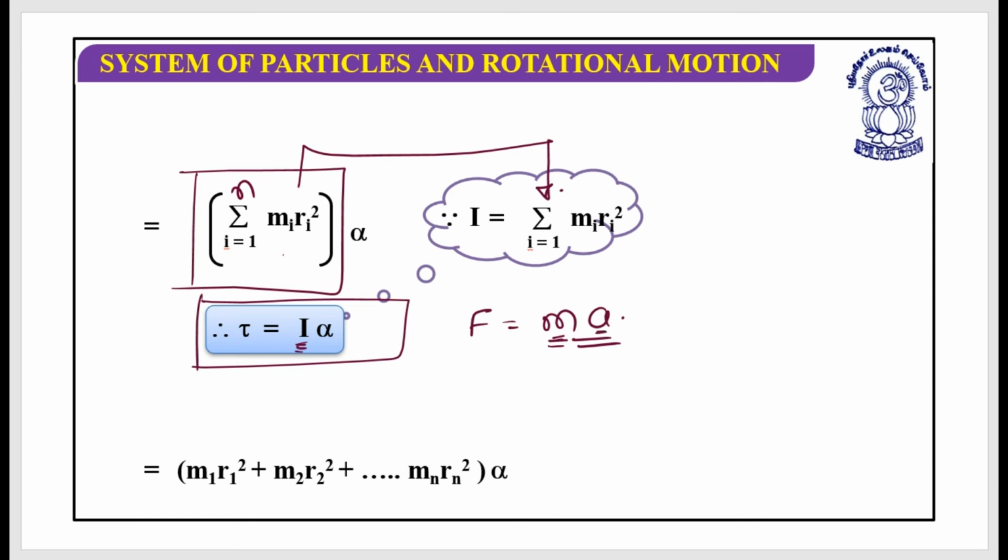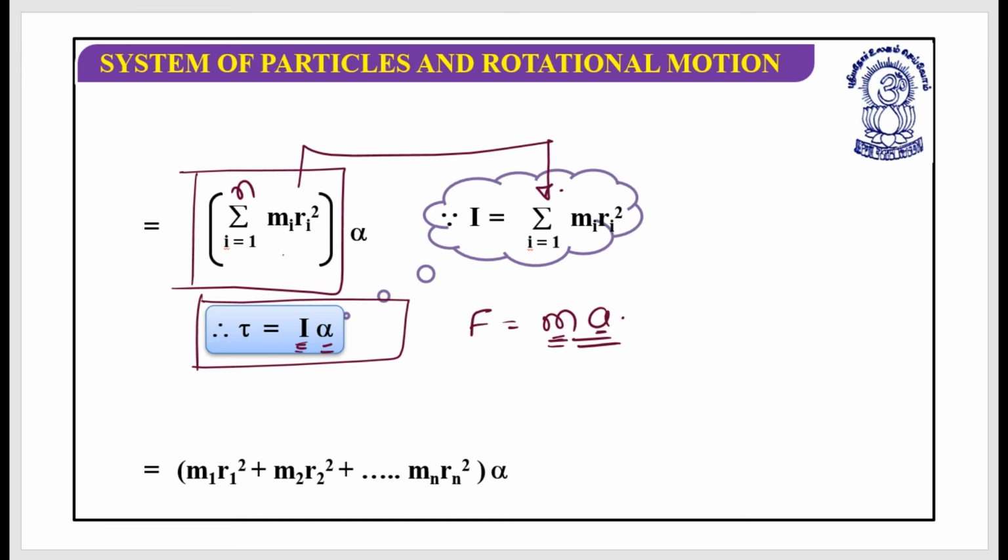This is a, acceleration we call it. This is alpha, we call it the angular acceleration. So there is a correlation between these two different systems. I hope this is clear. So you can write this, torque is equal to I into alpha.